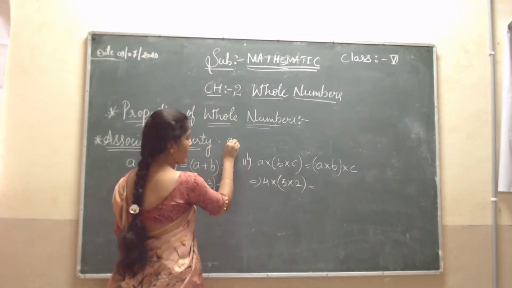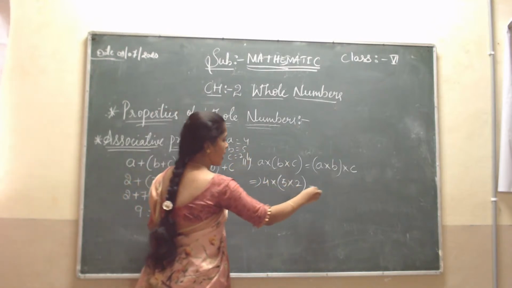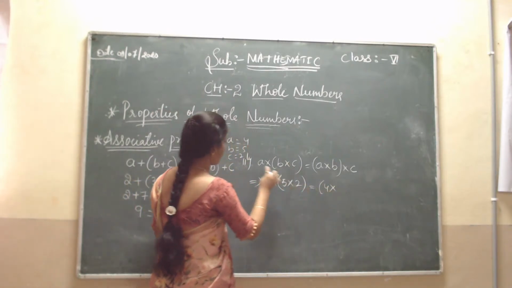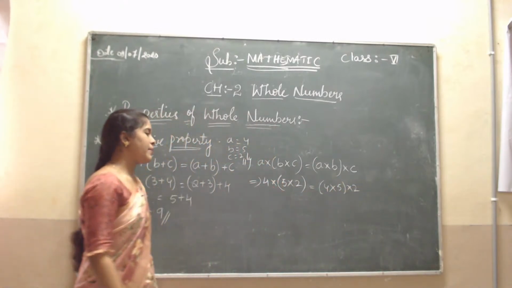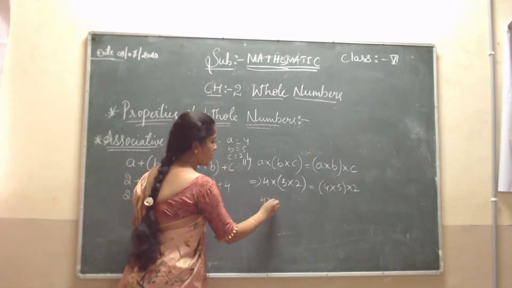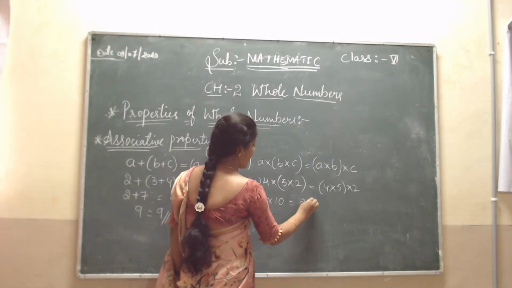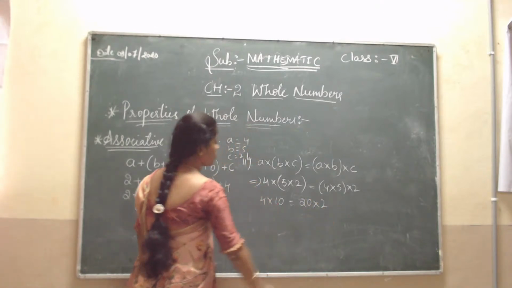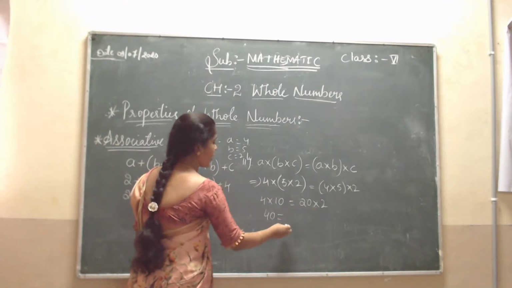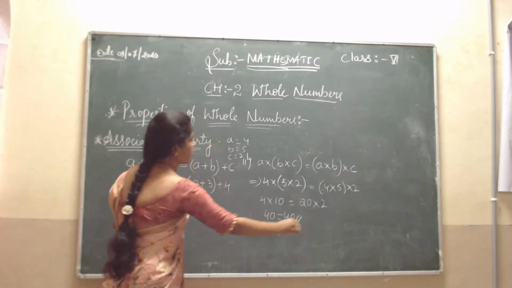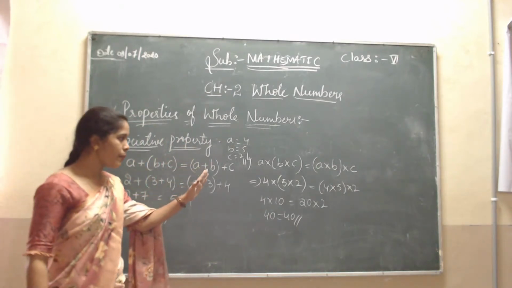Here a is 4, b is 5 and c is 2. Now multiply. Keep 4 as it is. 5 twos are 10, and 4 tens are 40. Now the other way: 4 fives are 20, into 2, which is 40. So the associative property holds under addition and under multiplication.